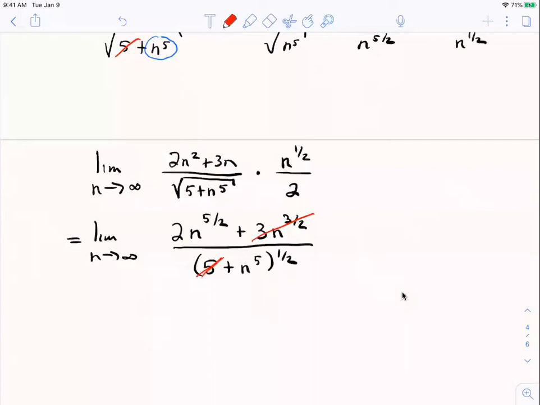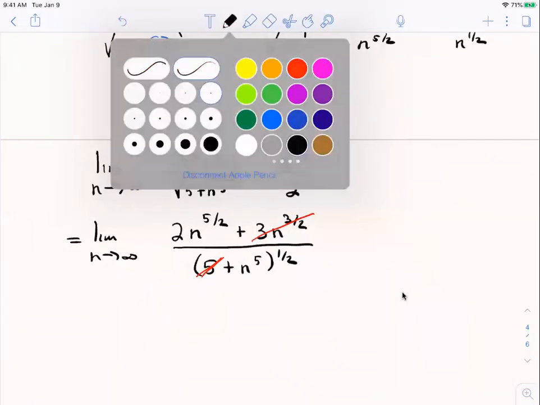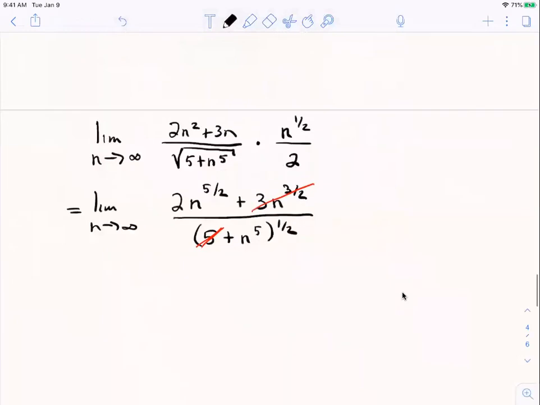So this limit, by looking at the higher power terms, or if you want to be formal, use L'Hopital's rule, is the same as 2 times n to the 5 halves divided by n to the 5 halves. That's the square root of n to the 5th. And that limit, of course, is 2.